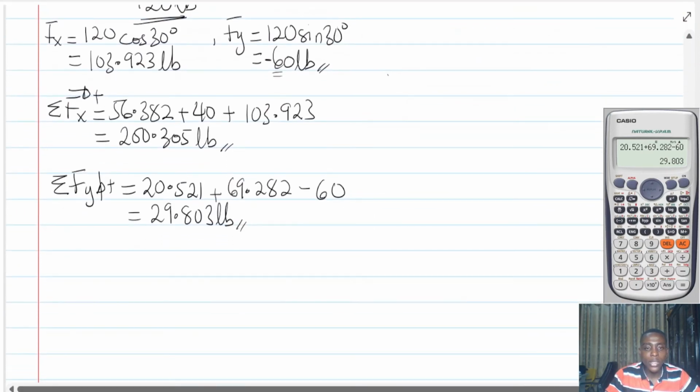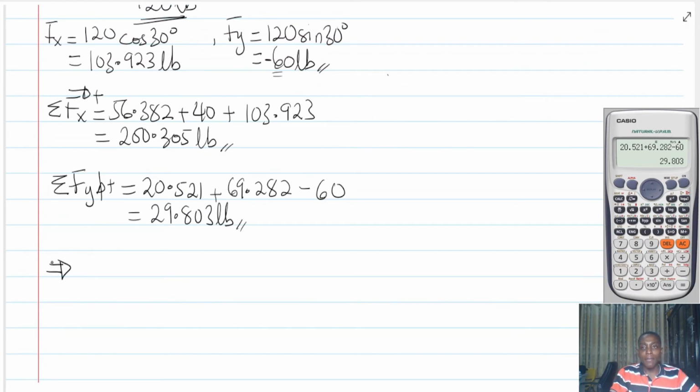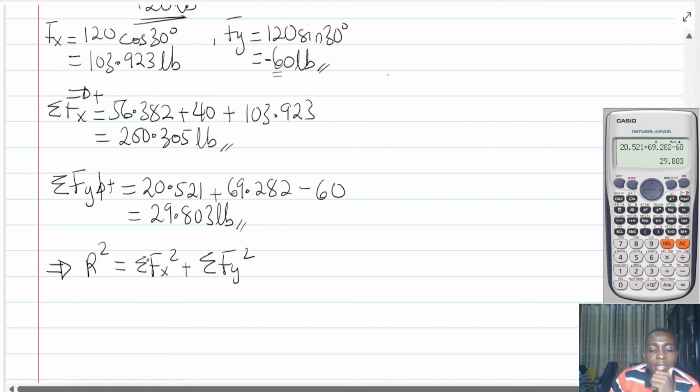Having gotten to this point, what would I do? At this juncture, what I want to do is to find the resultant. And to find the resultant, I can use the Pythagoras theorem, which says that the square of the resultant is going to be the sum of the force in the x squared plus the sum of the force in the y squared.